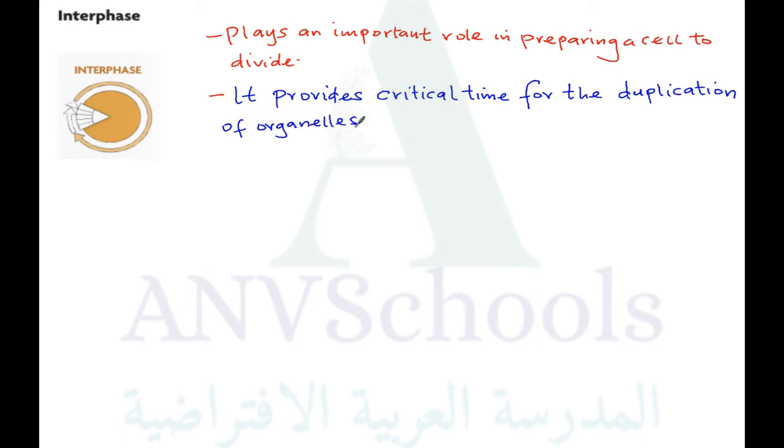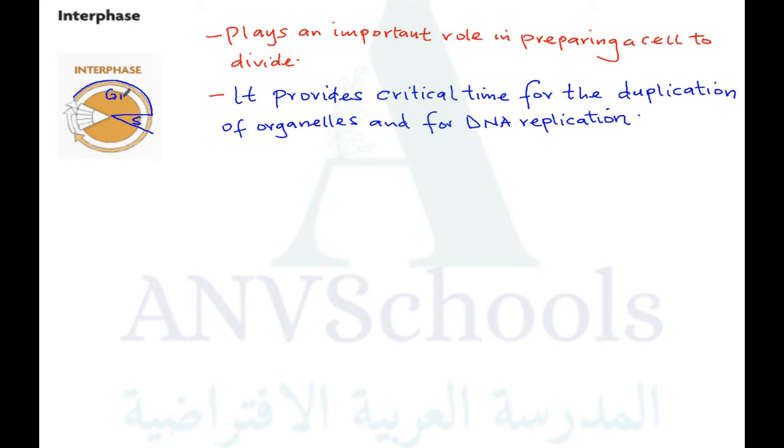So these organelles have to be duplicated, and for DNA replication. Because at this time, running from here up to here, we have the S phase, or the synthesis.